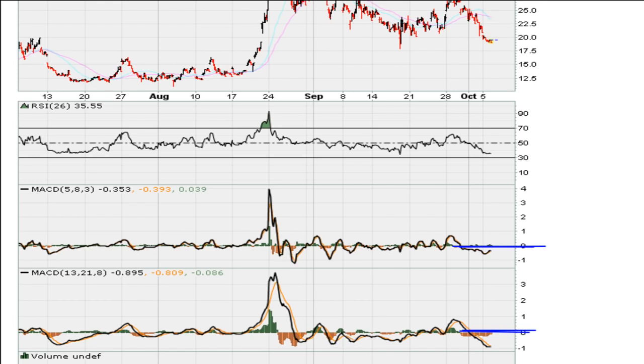If you're trading longer term, then you have to insist that the daily MACDs are above zero. If you're trading even longer, you have to insist that the weekly MACDs are above zero. And if you're trading even longer, you have to insist that your monthly MACDs are above zero.